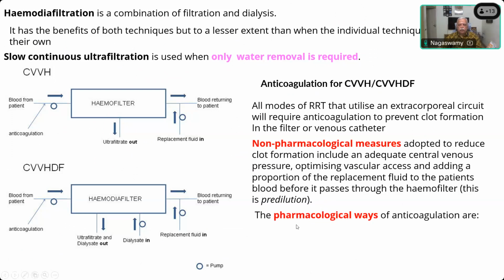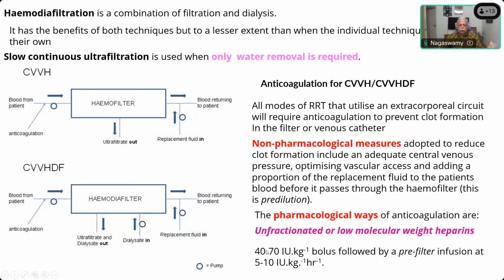So in addition to that, you require what is called the pharmacological ways of anticoagulation, where you can use unfractionated heparin or low molecular weight heparin. And the dose of that is 40 to 70 international units per kg as a bolus of unfractionated heparin by the pre-filter infusion, followed by the pre-filter infusion at 5 to 10 international units per kg per hour.